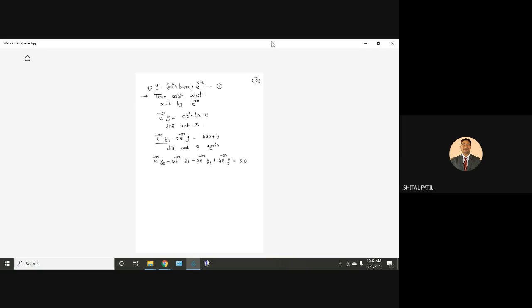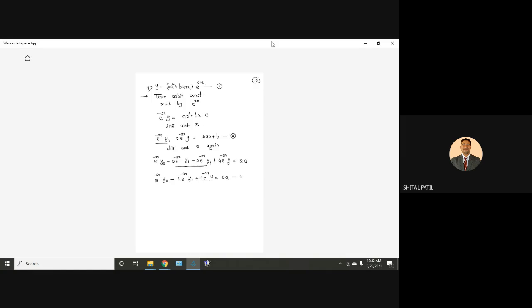And then 2a. The middle two terms are the same, just add them. So this was equation number 2.